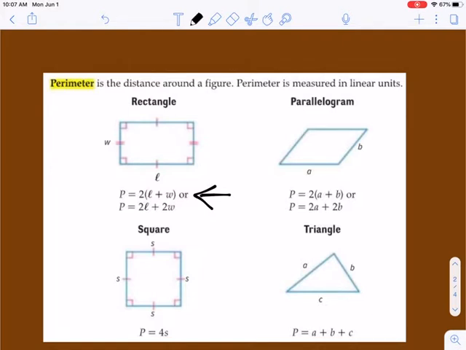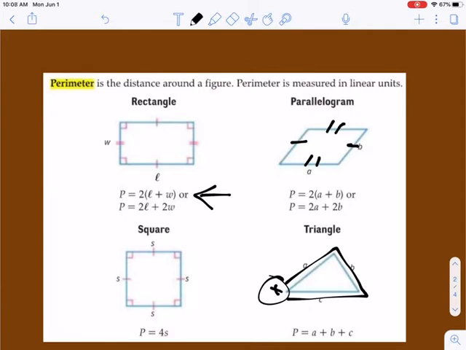Triangles, similarly, this really isn't a formula, it's just added up. So if you start over here and you go all the way around it, you add all those sides up. Same thing with a parallelogram, which looks kind of like a rectangle shoved over. All you need to know with parallelograms is that this side and this side would be equal to each other, and then this side and this side would be equal to each other.